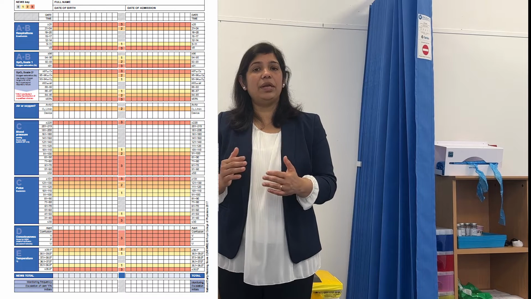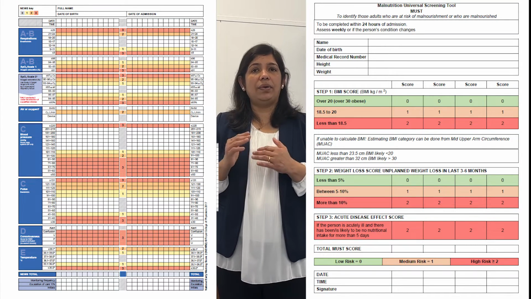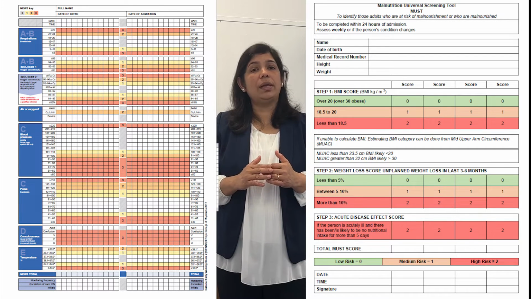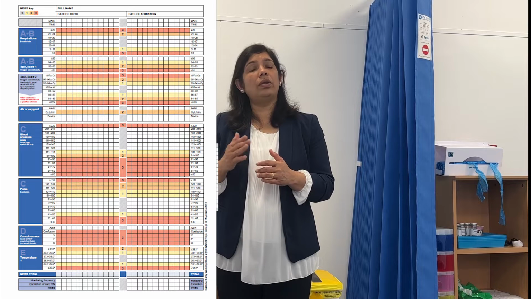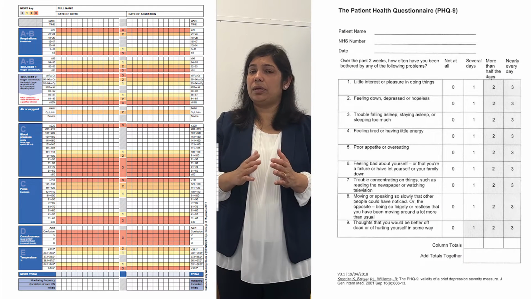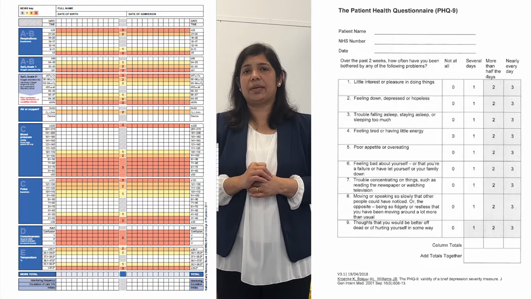If it is a community assessment, that mainly comes as a malnutrition scenario, then you will be doing the MUST and the NEWS chart. And if it is an ectopic pregnancy, either you will be doing the NEWS chart only or the NEWS and the PHQ-9. That is based on the patient's mental capacity as well.